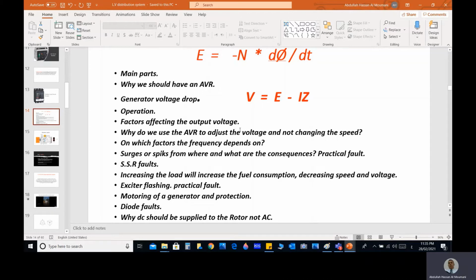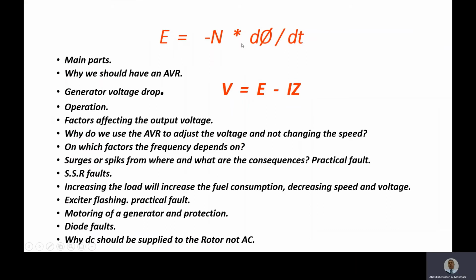The main important equation here is Faraday's law, and it explains how a voltage is produced in a coil whenever we have a variable magnetic field. This is the variable magnetic field, d phi over dt, or rate of change of flux with respect to time.